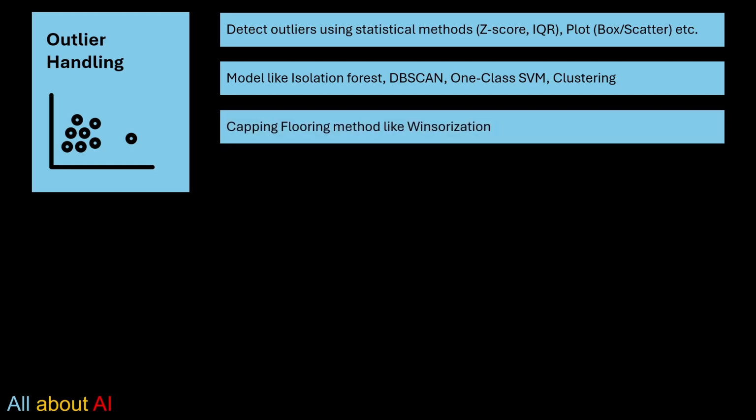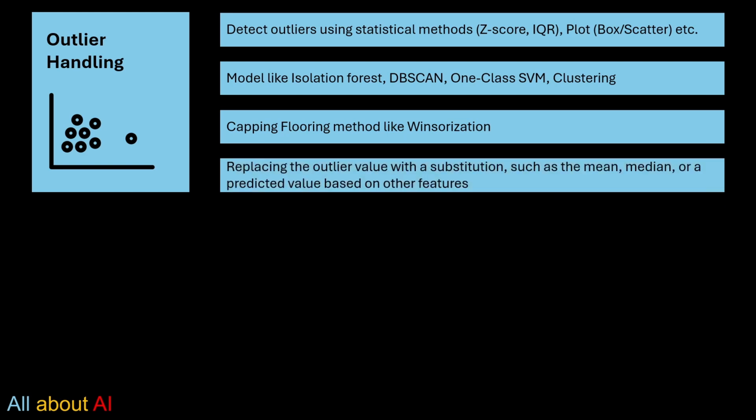There are a few mechanisms like capping and flooring, such as winsorization. This limits the extreme values in the data to reduce the effect of outliers. It basically replaces the extreme value with a specified percentile value.